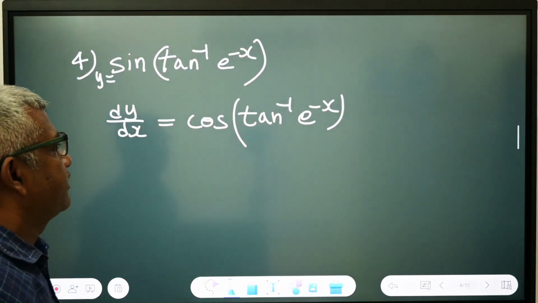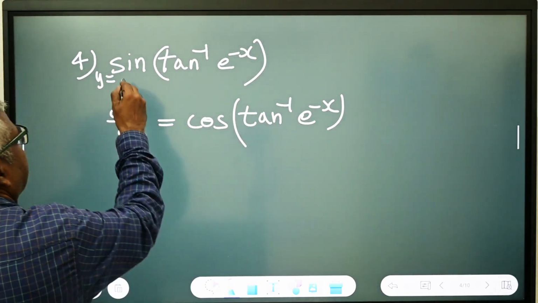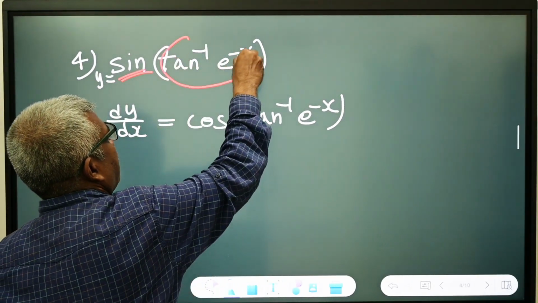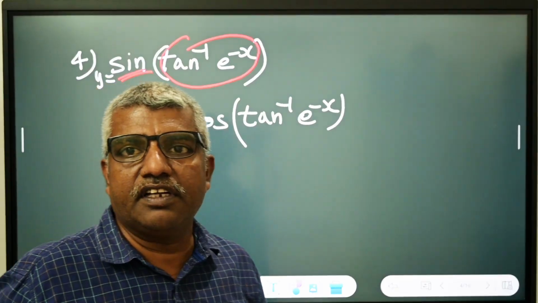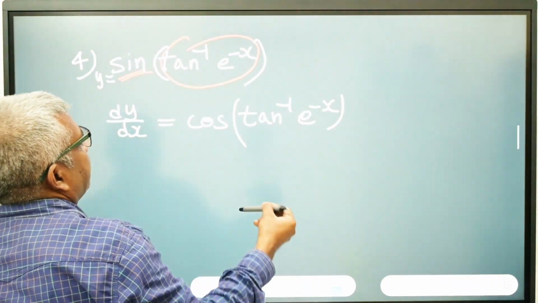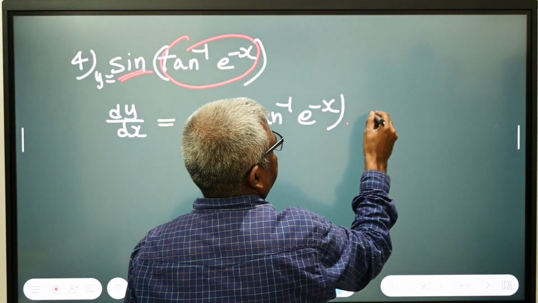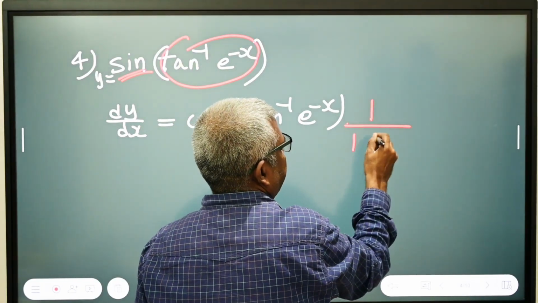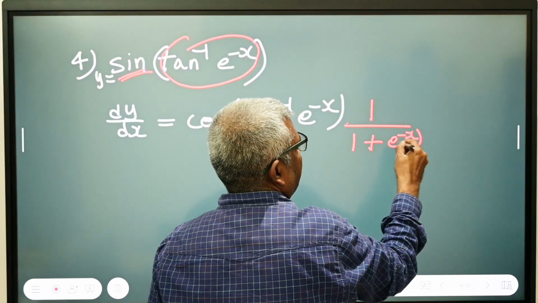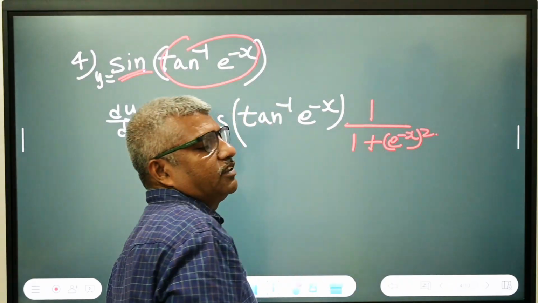Tan inverse, so sin we differentiated. Now we have to differentiate tan inverse e power minus x. Here first sin we differentiated, it is cos. Tan inverse x differentiated is 1 over 1 plus x squared. Here instead of x, this one.